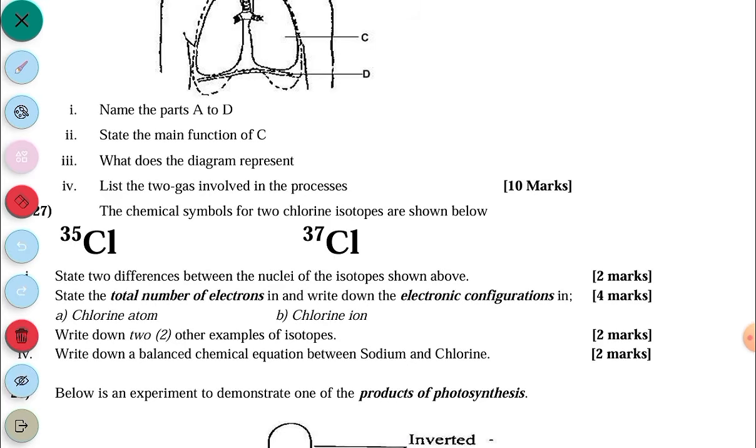The next question says, write down a balanced chemical equation between sodium and chlorine. So to write a balanced equation for sodium and chlorine, we have sodium, Na, plus chlorine, Cl2. Why?